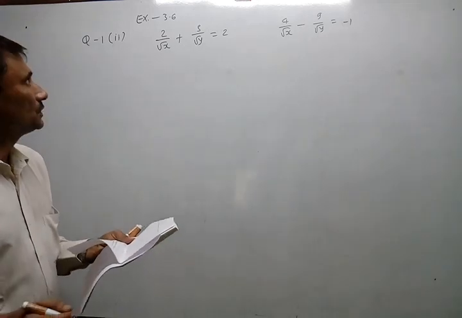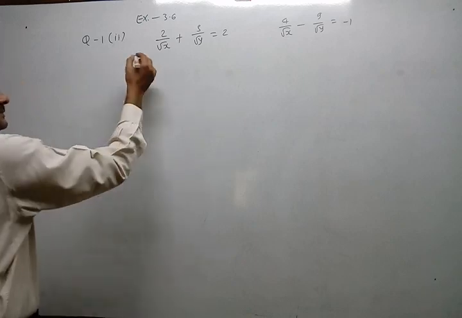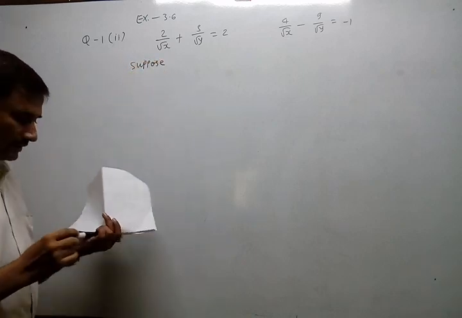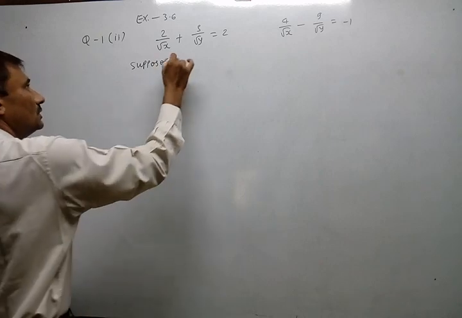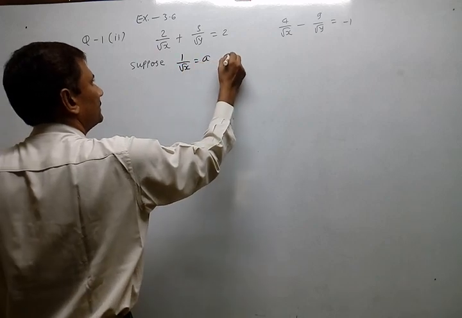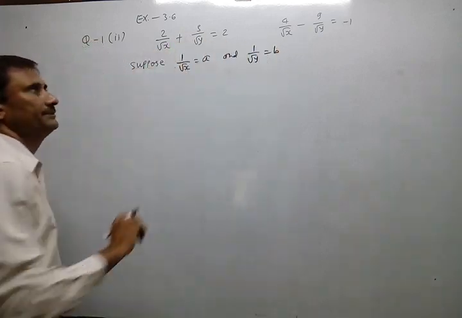So these are the equations given. Now 2, 3, 2, 4, -9. Now suppose according to the denominator, in the denominator instead of x, root x is given. So we have to suppose 1 by root x equal to a and 1 by root y equal to b. You understand?